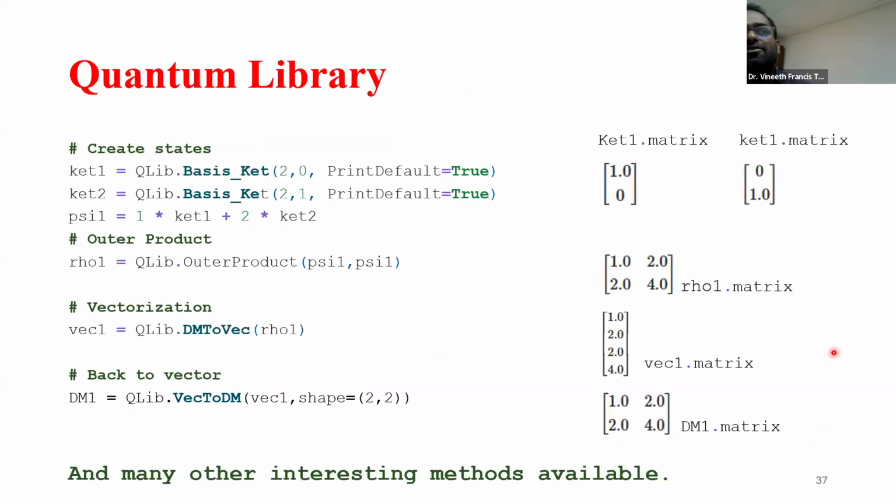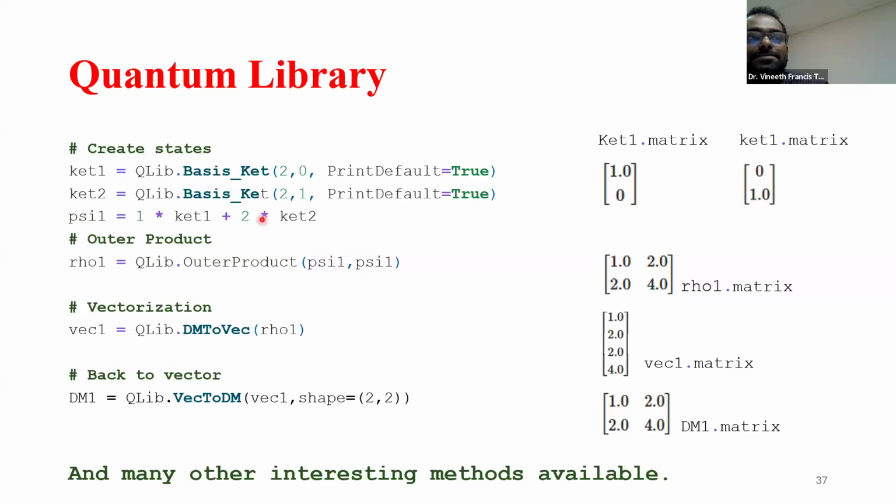Now, some functionalities of this quantum library. You can create some states by saying basis ket. You can say it's a two-dimensional column vector with an element 1 at its first point, which is here. And you can create a second, for this typo, it should be 2. So you can create another basis by typing at the second place you want to create 1.